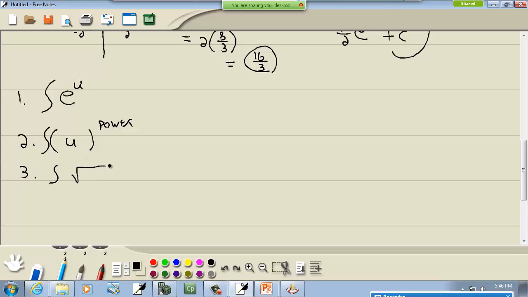If you have a radical of some form, you can let u equal what's inside the radical. And if we have a fraction of some sort, you can try to let u equal the denominator. So these are just some of the different u substitutions that we've seen. There are a lot of them that you can do, but these are just four basic types.